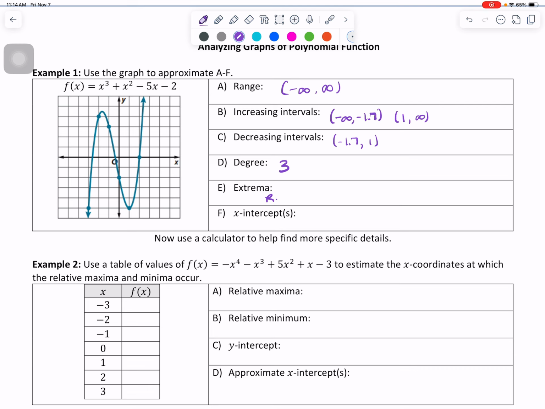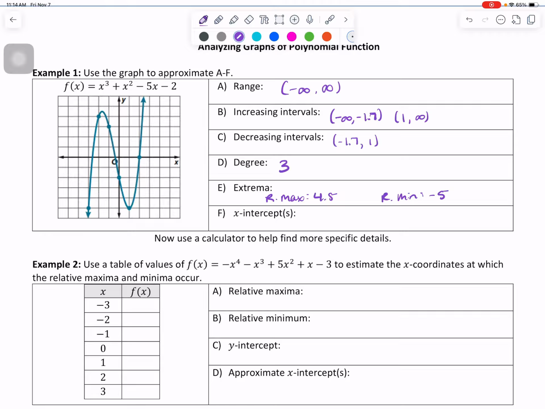I'm going to just put R for relative, but max at, and we're going to kind of guess that y value there. I'm guessing about 4.5. Okay, and then we'll have a relative min down there. And that to me looks like it is at negative 5.